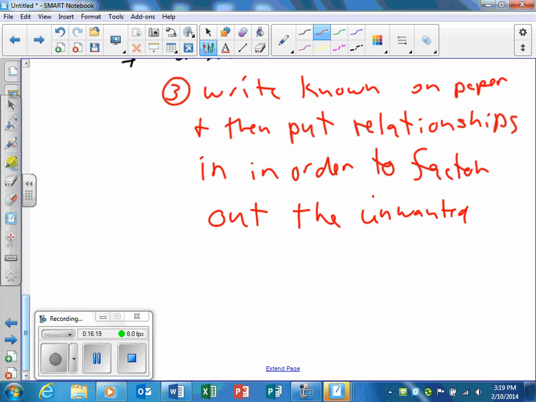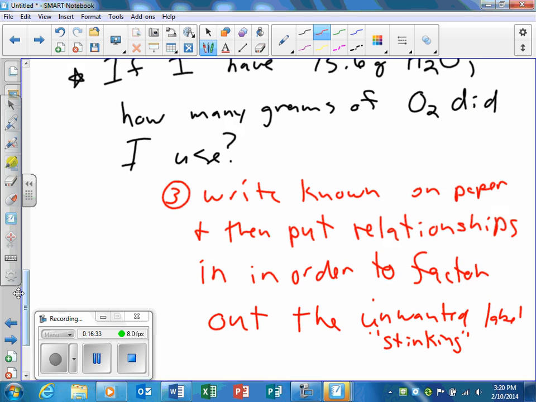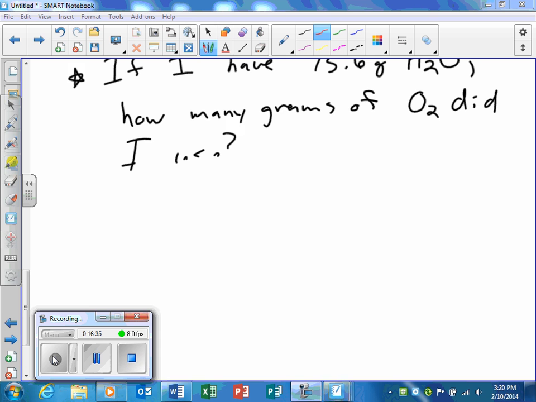Unwanted label. Otherwise known as stinking. That's another word for unwanted. Factor out the stinking label. Whoa. That's a lot, right? Okay, write that down, because I'm going to erase that.